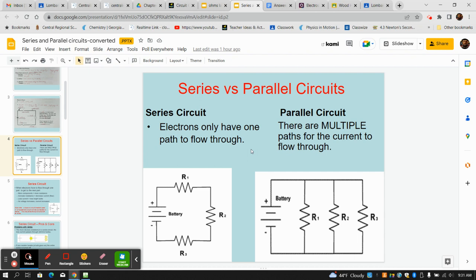Wait, what do you want me to write? The first one? Yep, so series circuit, the electrons only have one path to flow through.